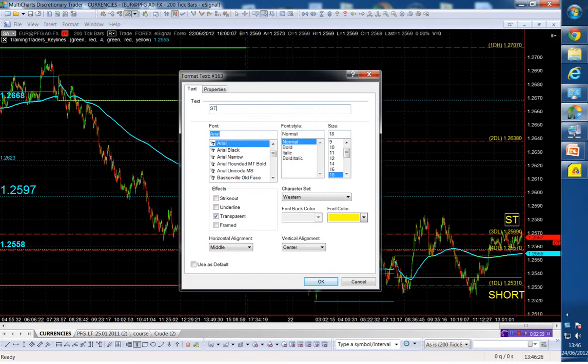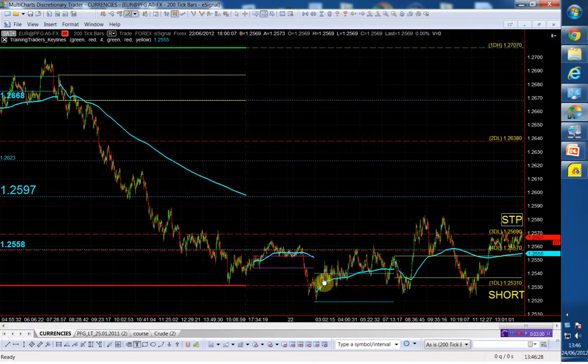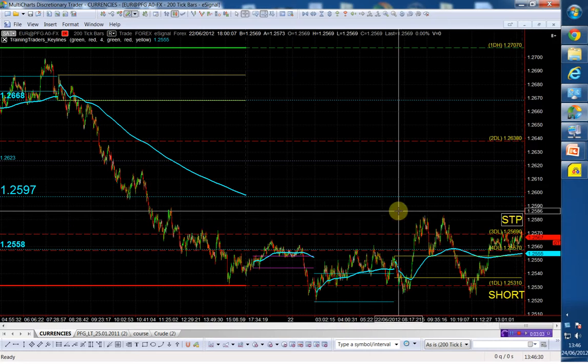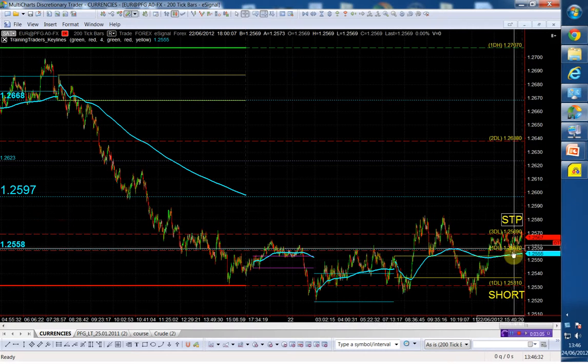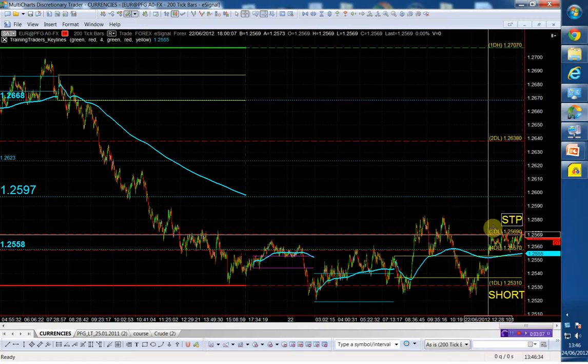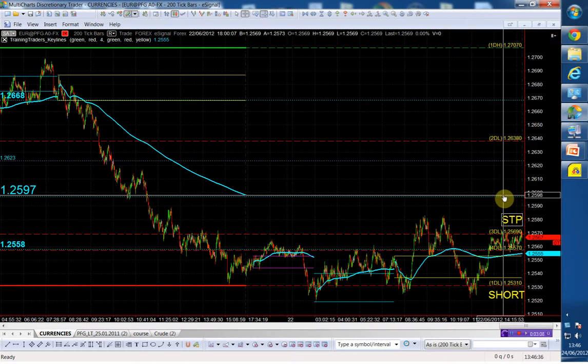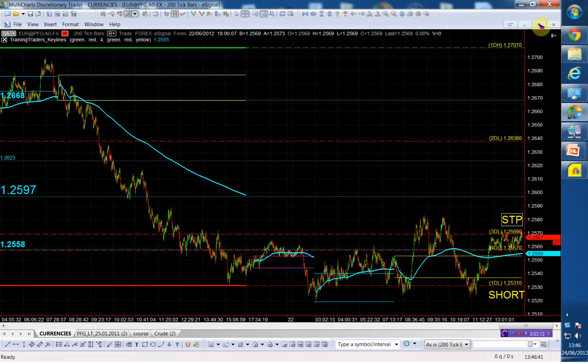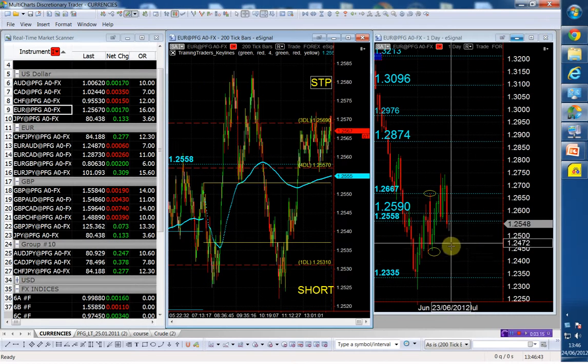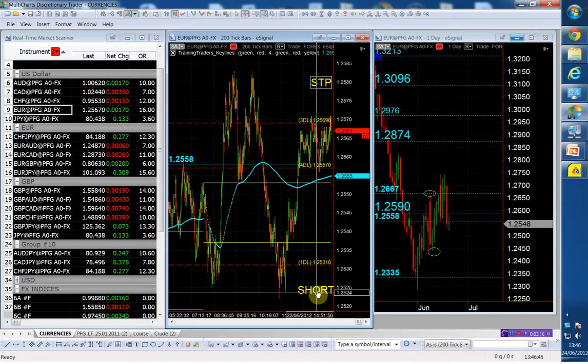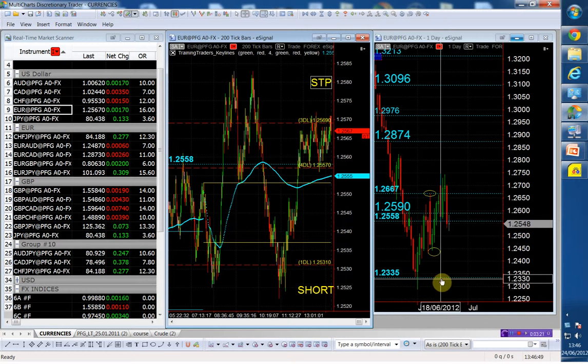So that's going to be my stop at 125.80, and my structure long point is going to be the 125.97. On the short side, if I'm going to take it short below the 125.25, the next structure point is the 123.35.